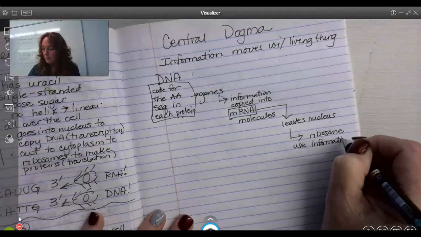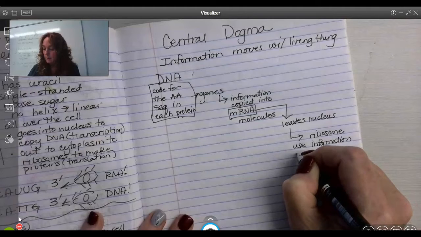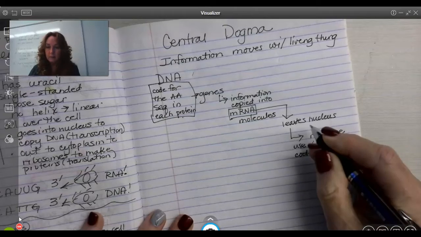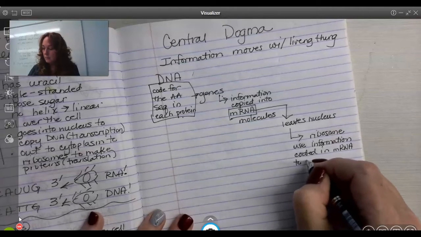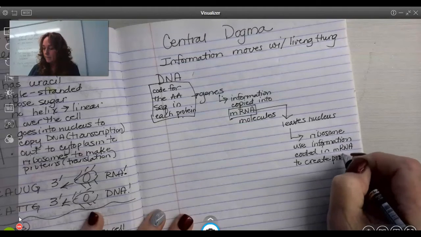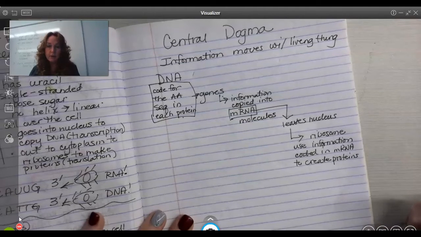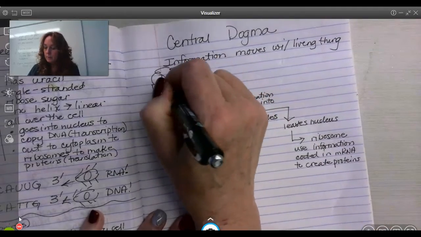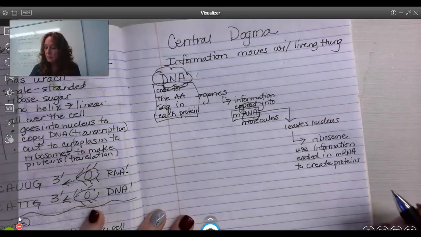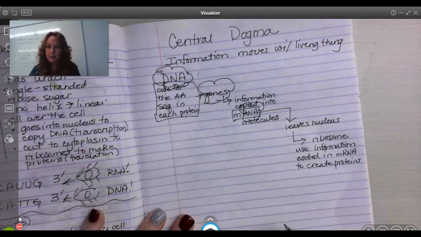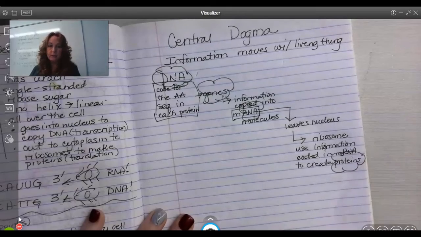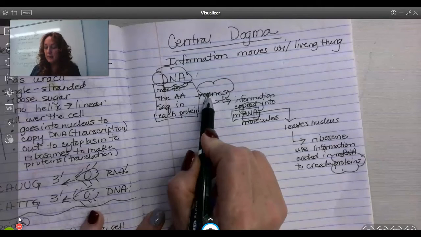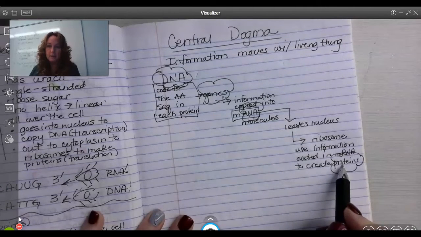This is all about information that's coded in the messenger RNA, which is just a copy of the DNA, to create proteins. So it's the directions. It goes DNA to RNA, with genes being in the middle, to protein. That's what the central dogma is. The information moves from DNA and its genes to RNA to proteins.